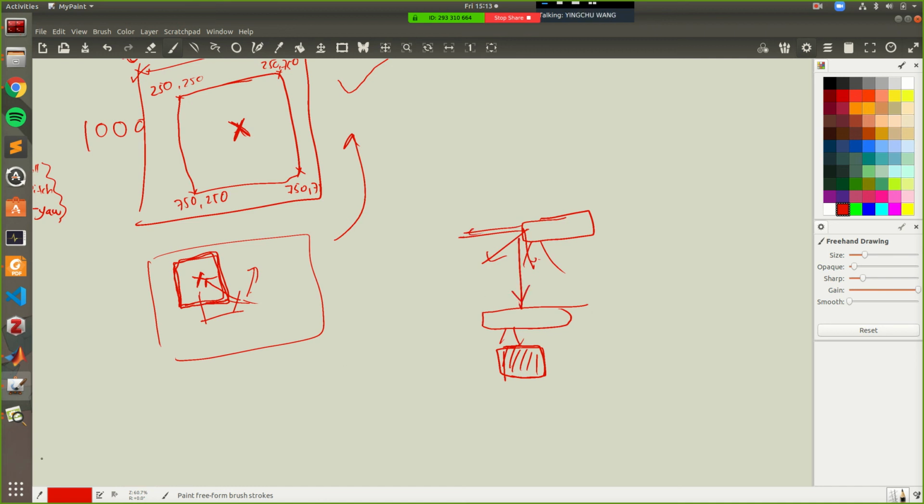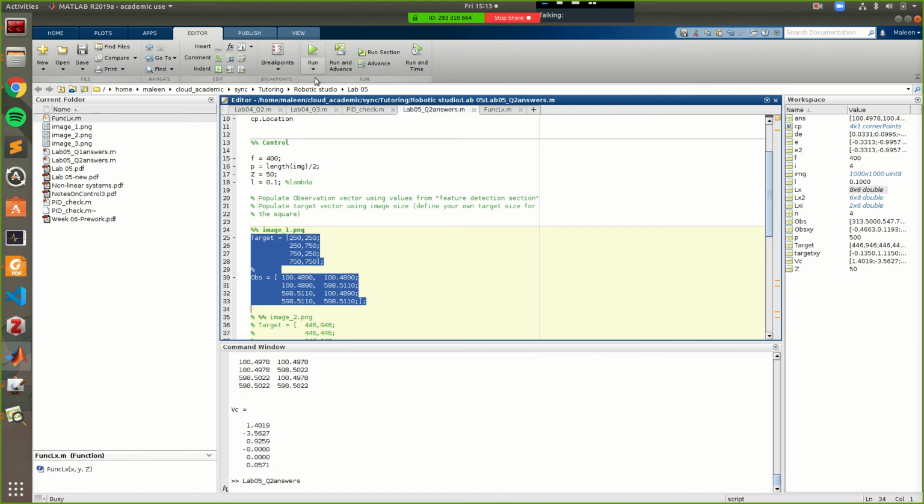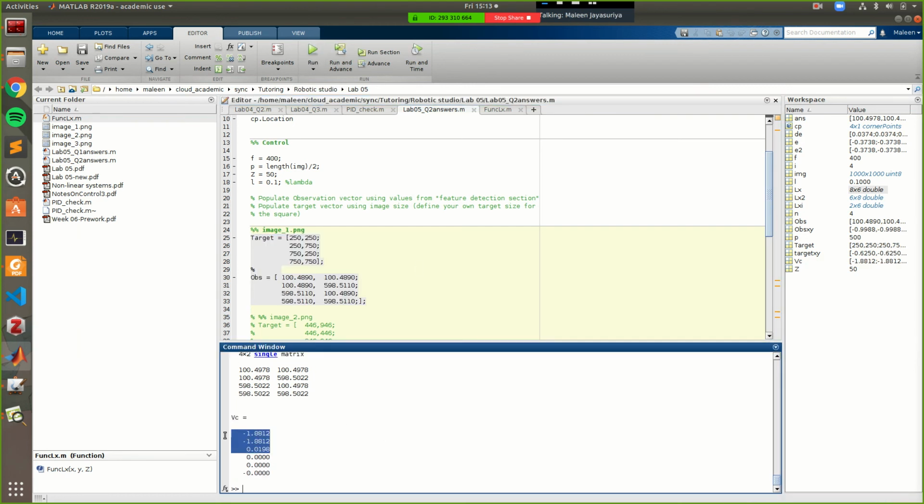If I run this, you can see that's what I'm getting. I'm getting x, y, z components. All my rotational velocities are 0, right? At this time, the distance from the camera to the cube is 50.